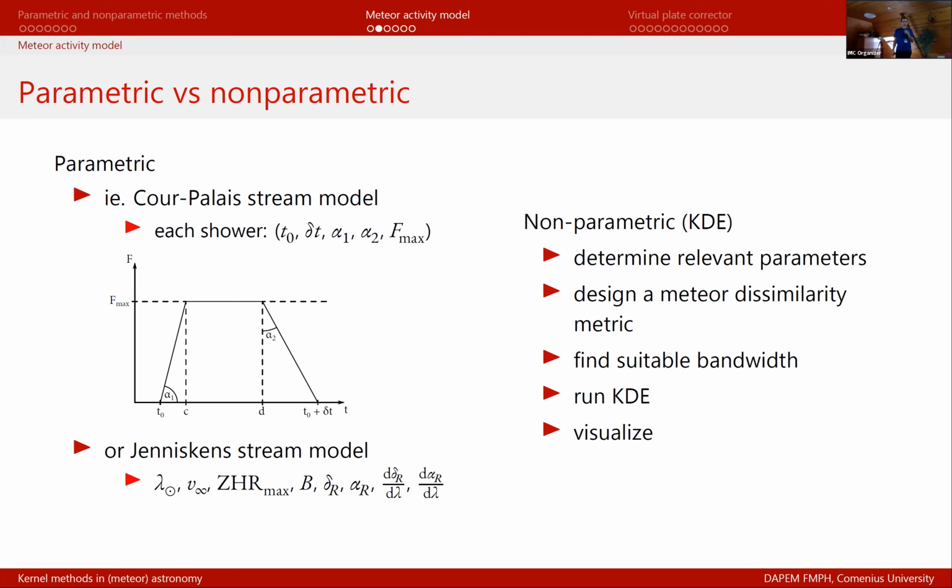If you want to use the non-parametric methods, in the KDE, you have to determine the relevant parameters as well. Then you have to design a function that says how dissimilar are two meteors, be it two real meteors or a real meteor and a virtual one. If you want to get the probability function for a virtual meteor, so the probability that a meteor with these properties will appear at this time, position, space, and so on. Next, you have to find suitable bandwidth, run the simulation, and verify.